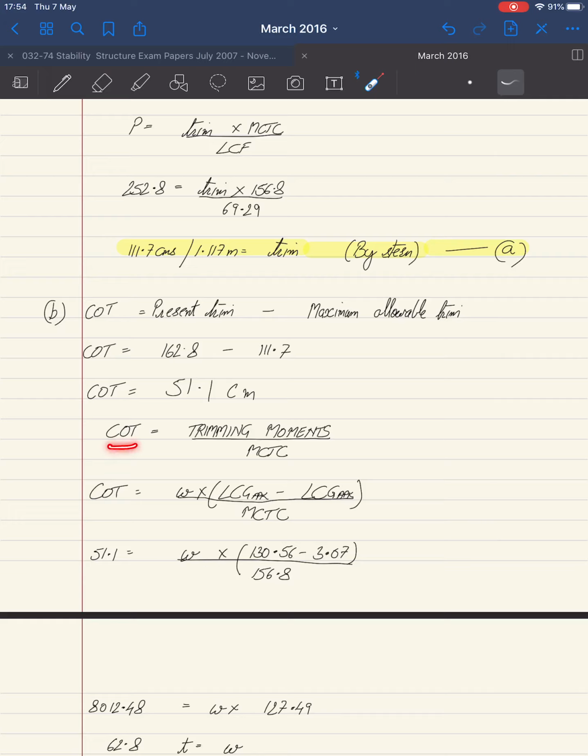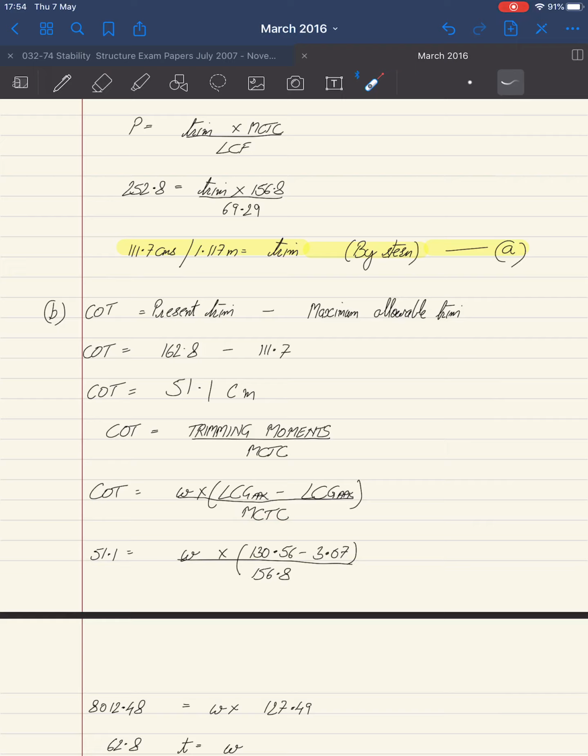So change of trim is equal to trimming moments over MCTC. Trimming moment is the weight multiplied by a distance. Here the distance is the LCG of forepeak tank minus the LCG of aftpeak tank, because this is the case of shifting. So we'll get the distance by getting the difference between the LCGs of the two tanks, forepeak and aftpeak, divided by the MCTC.